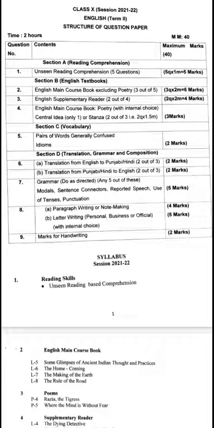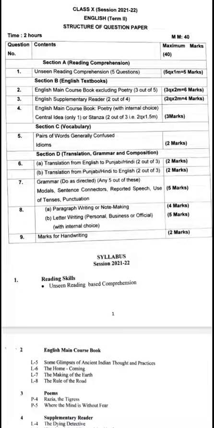Then the vocabulary part, there are 2 topics. One is pairs of words generally confused and the other is idioms. So total 2 marks. Then section D, translation, grammar and composition part. There will be translation from English to Punjabi or Hindi. 3 sentences will be given and you have to attempt any 2.